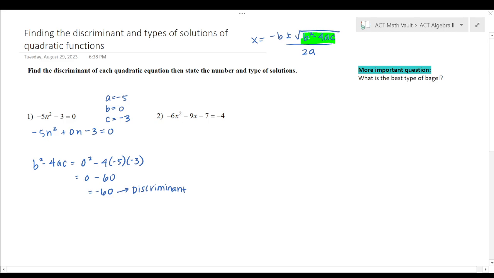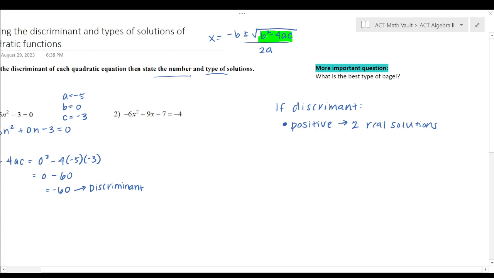Okay, now what do we do with that information? How can we tell how many and what type of solutions there will be? So off to the side, I'm going to write out a little diagram. If the discriminant is positive, that will give us 2 real solutions.